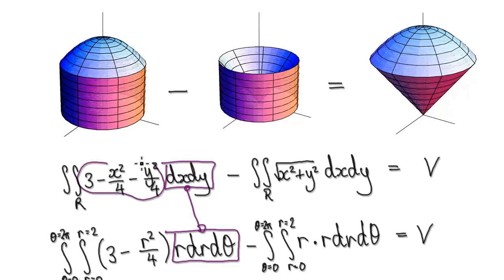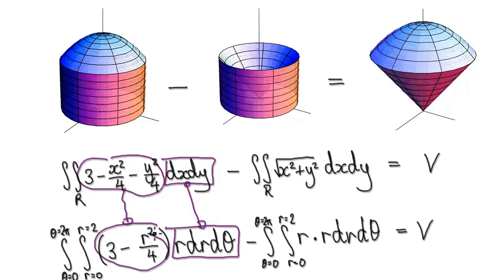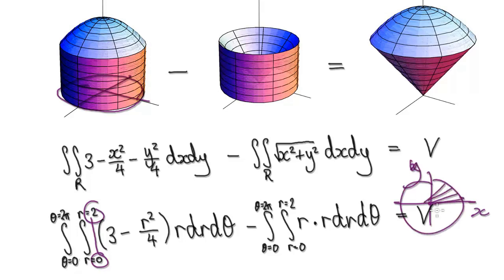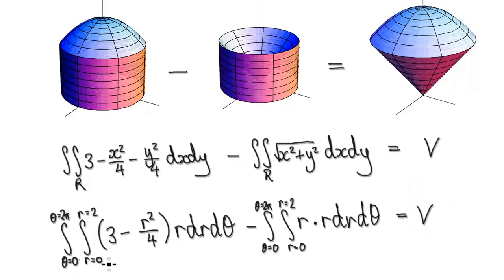Our surface converted into polar form is given by this, which we did earlier. Looking at the region, you're integrating from r equals 0 to r equals 2, and angle-wise, from 0 to 2 pi.